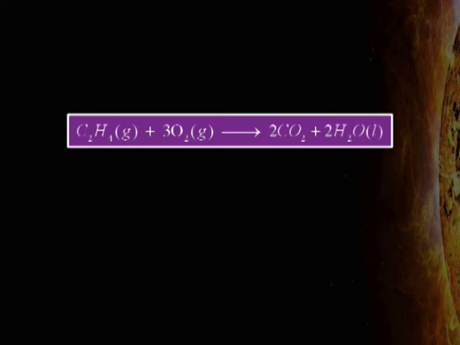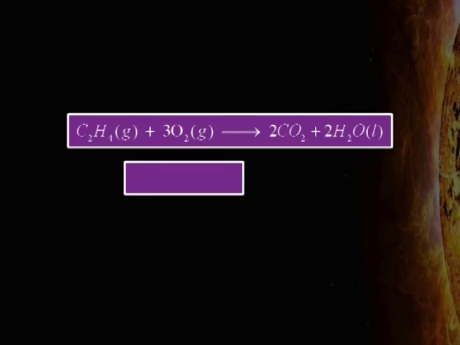Let us have a look at another example. C2H4 gaseous plus 3 O2 gaseous gives you 2 CO2 plus 2 H2O. Here delta E is given to be minus 335.8 kilocalories.